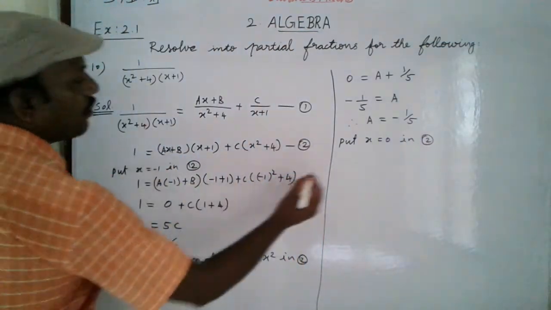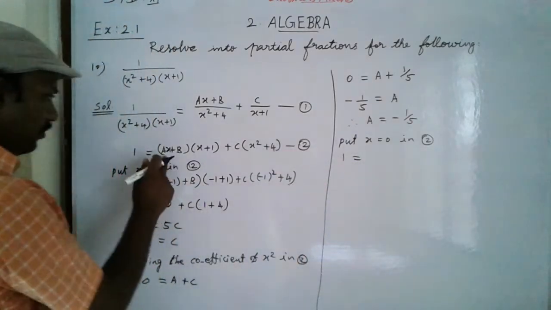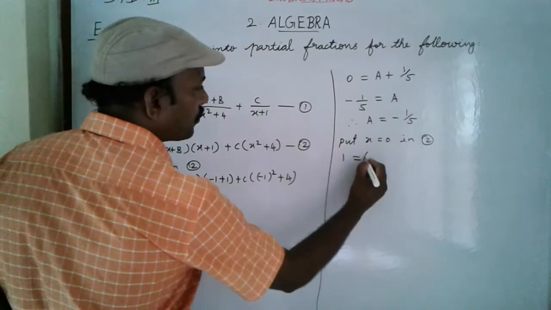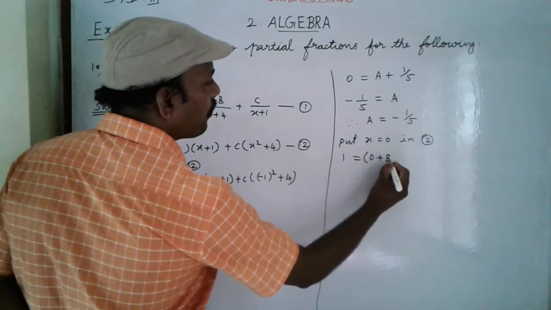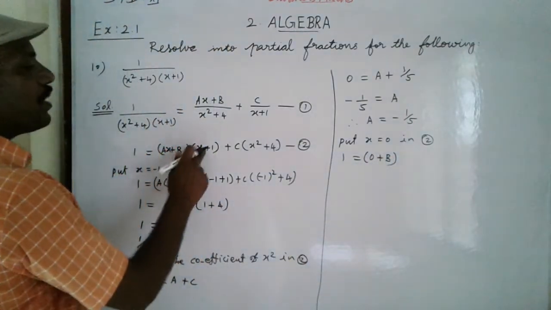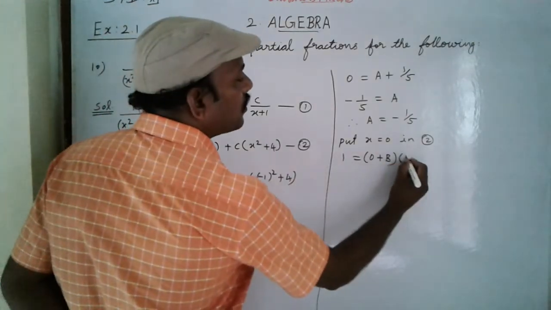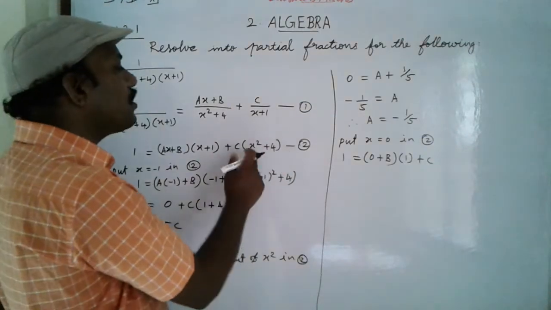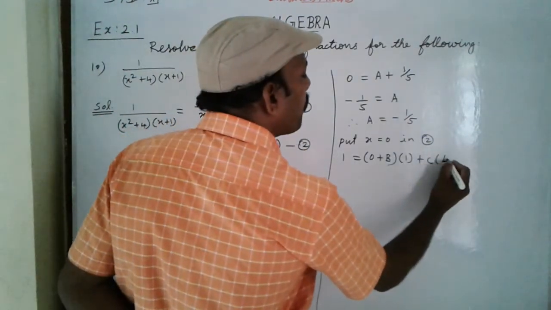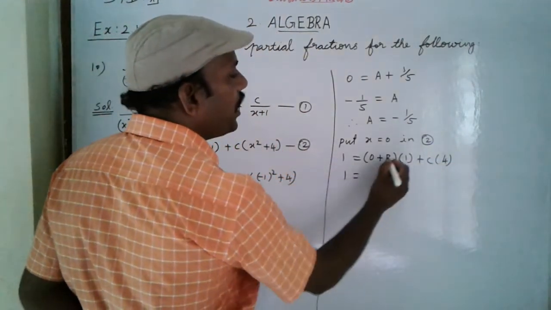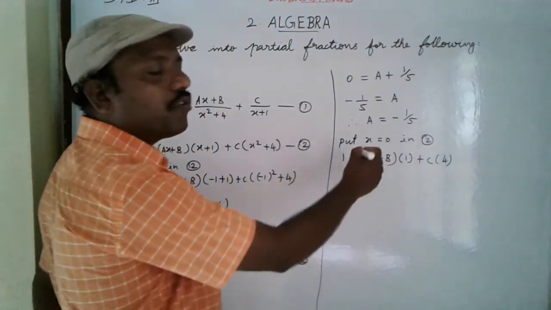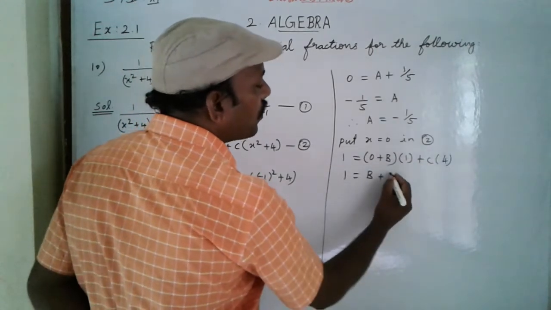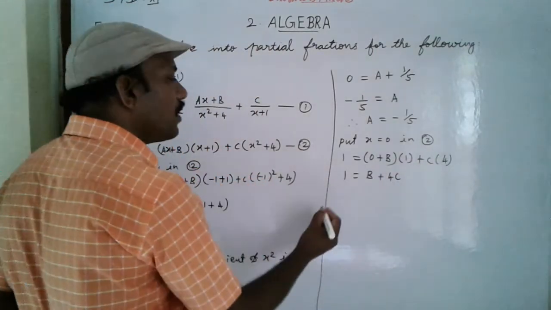Substitute, then 1 equal to a into 0, which is 0, plus b, 0 plus 1 is 1, plus c into (0 square is 0, 0 plus 4 is 4). So 1 equal to b into 1, 0 plus b is b, b into 1 is b, plus c into 4 is 4c.